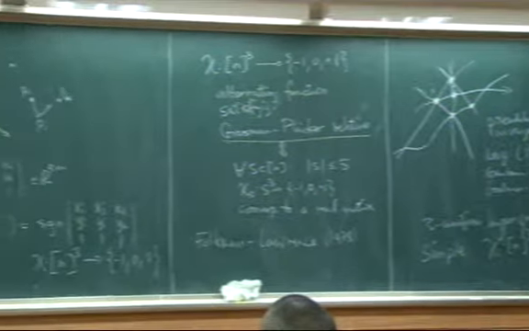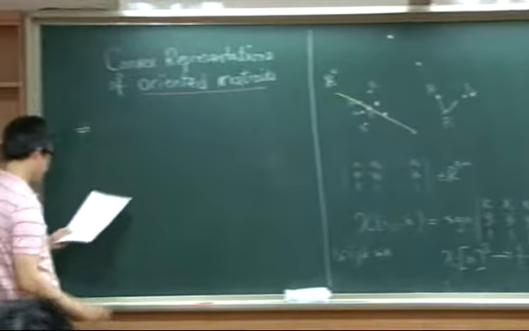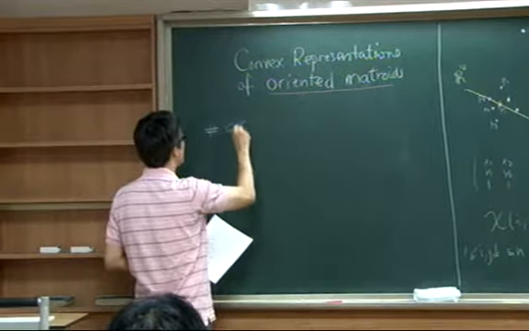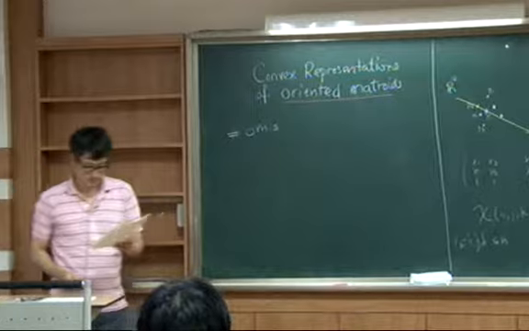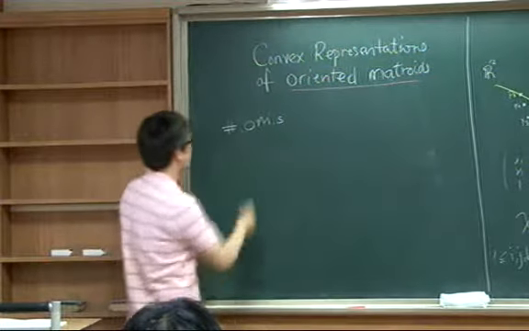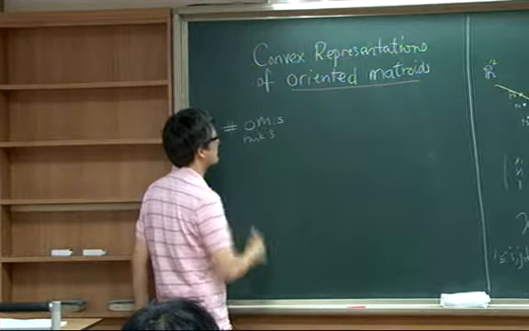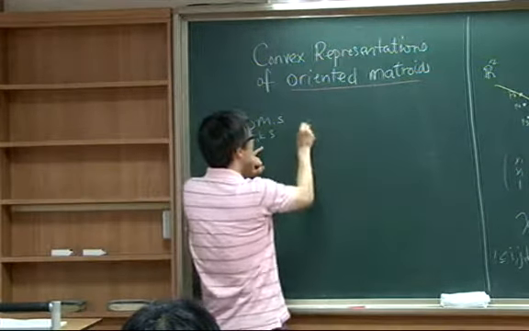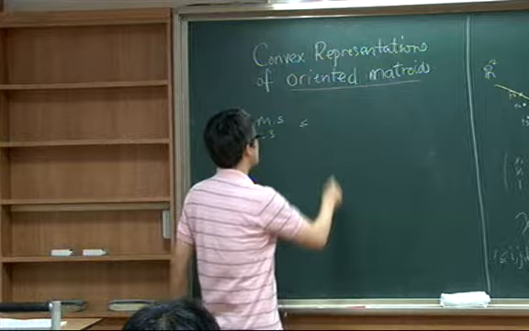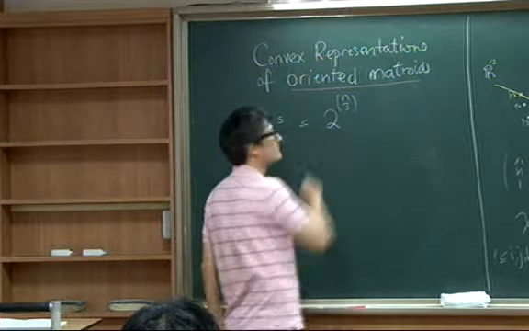Okay, so the number of these rank 3 oriented matroids, that's an important question that people have asked themselves. So if you encode these as these, you get some obvious upper bound, something like this, right?